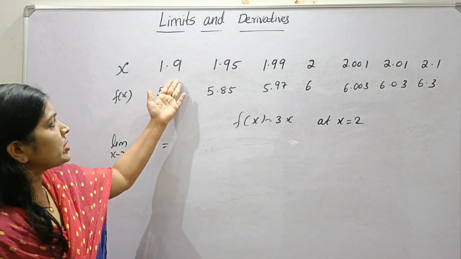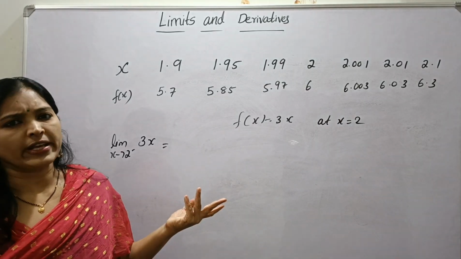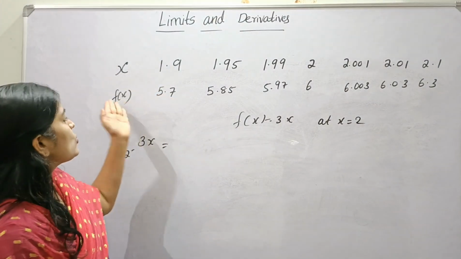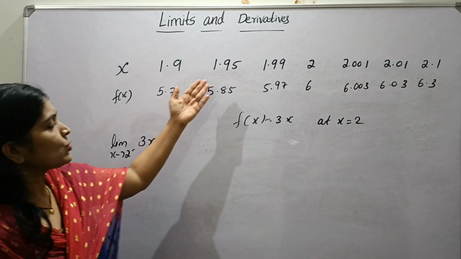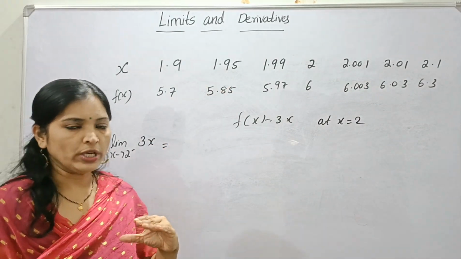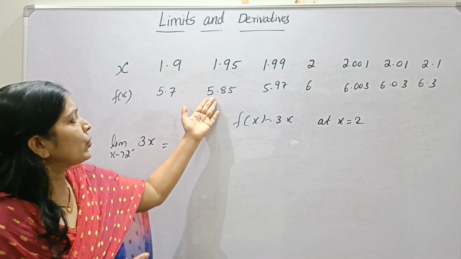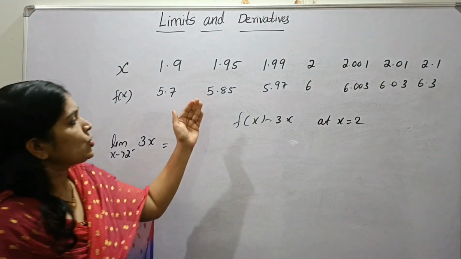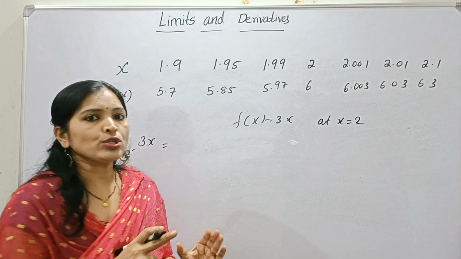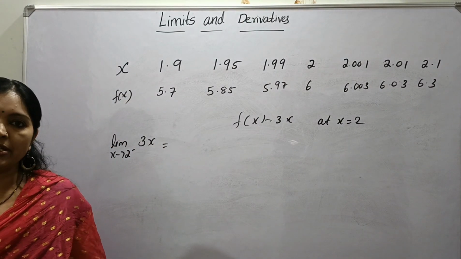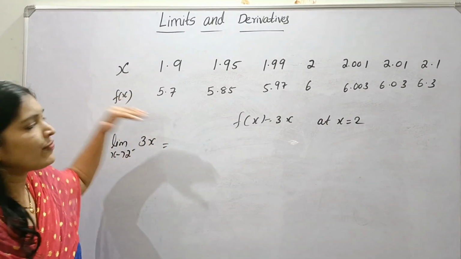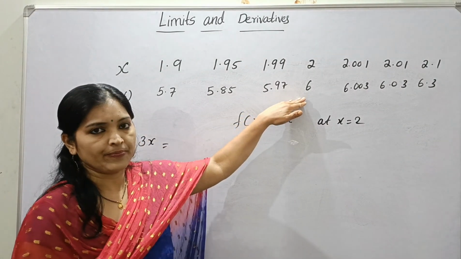You can take any values, for example 1.9. So 3 into 1.9, we have got 5.7. When 1.95, that is also nearby 2, we get 5.85. So when the values of x approach 2, either left or right, the values of f of x approach 6, okay.